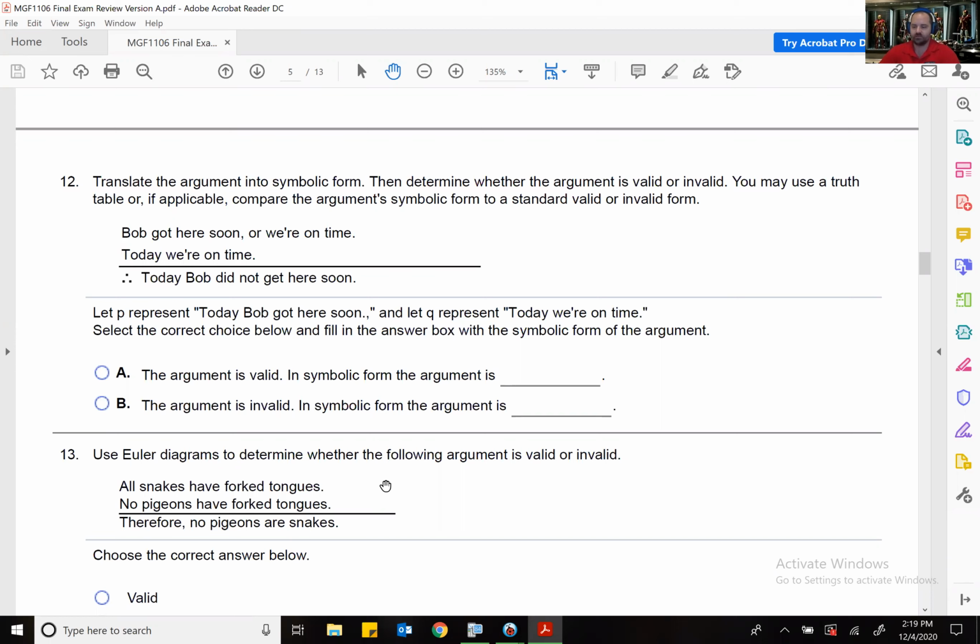No pigeons have forked tongues. Therefore, no pigeons are snakes. Okay.